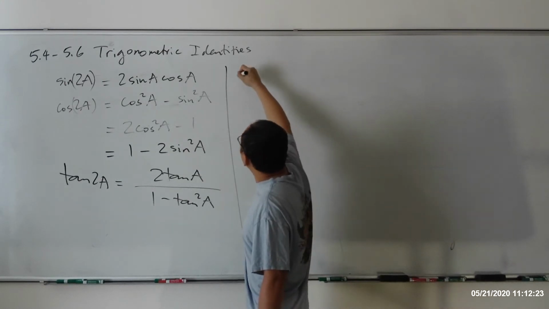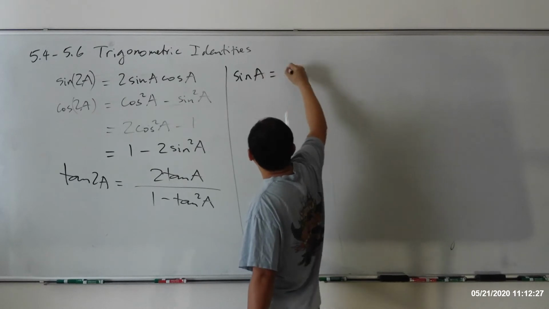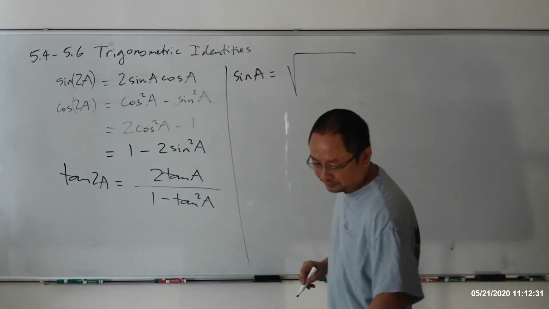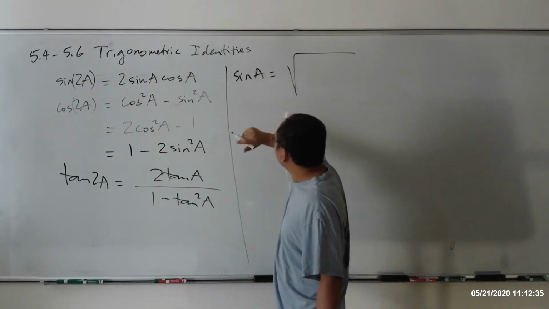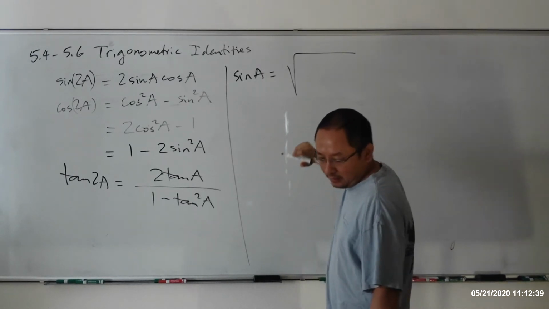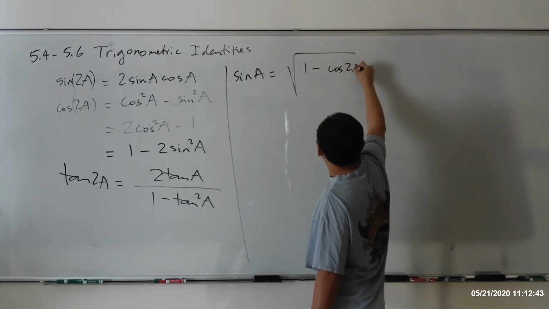Alright, so sine of A is equal to plus or minus the square root of (1 minus cosine of 2A) over 2.